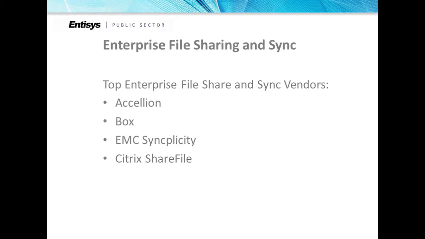They give you access to a wide variety of different types of files and file services, and they each approach it a little differently. For example, Box is predominantly in the cloud, Excellion is predominantly on-prem, and ShareFile kind of leverages a hybrid approach, which puts the authentication in the cloud but keeps all of your data on-prem, so you know that it's secured.